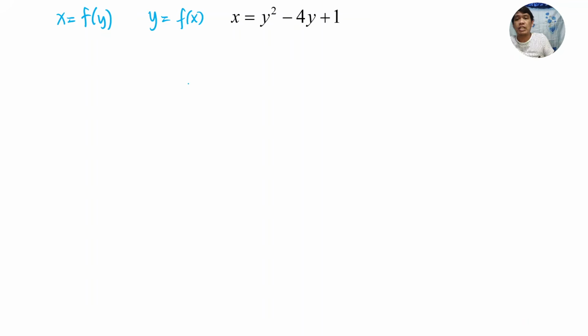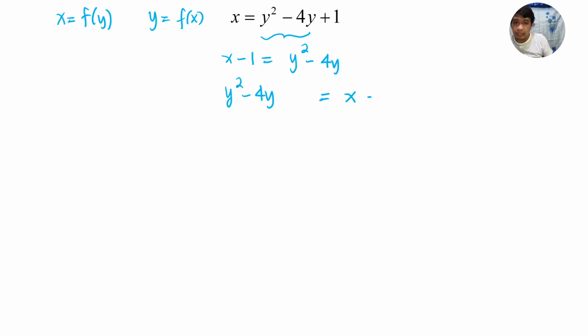So, i-rearrange lang natin. Itatranspose ko yung positive 1 sa kaliwa, and then magiging x minus 1 kasi yung positive transpose sa kaliwa, this becomes y squared minus 4y. Symmetric property, y squared minus 4y is equal to x minus 1.